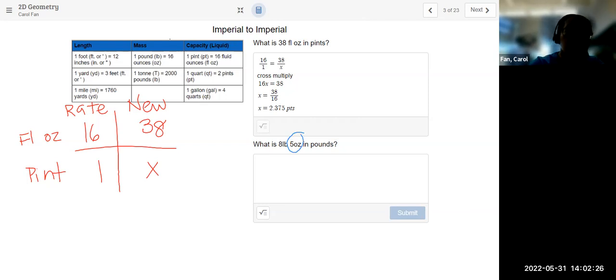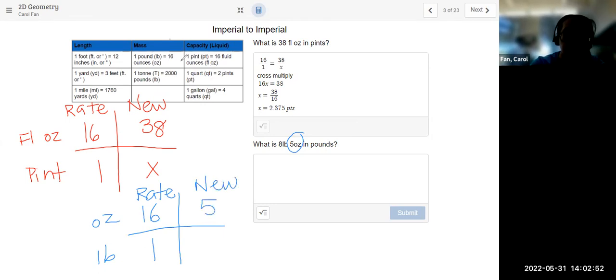So I'm going to create a ratio where we have our rate, and then our ounces and weight. According to our chart, 1 pound is equal to 16 ounces. I want to know what 5 ounces is in pounds.